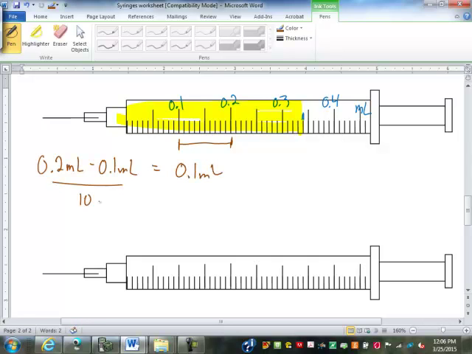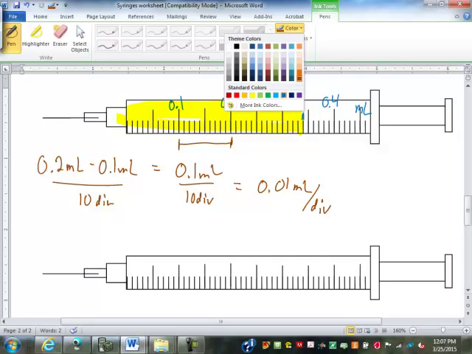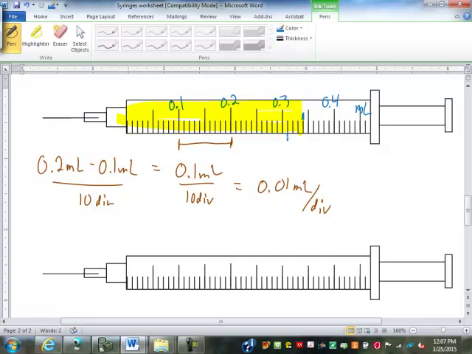Over, there are 10 divisions there. So each division is 0.01 milliliters. So over here, this is 0.31, 0.32, 0.33, 0.34 milliliters of medication.